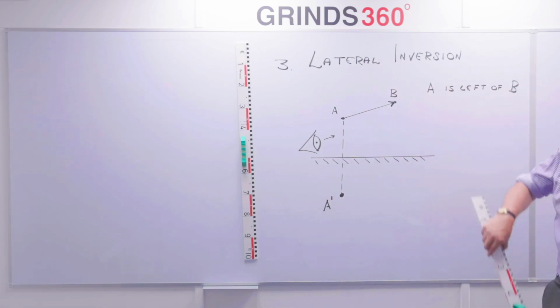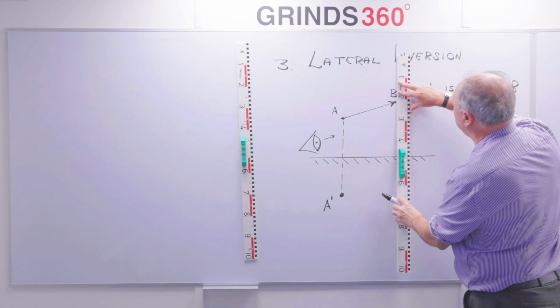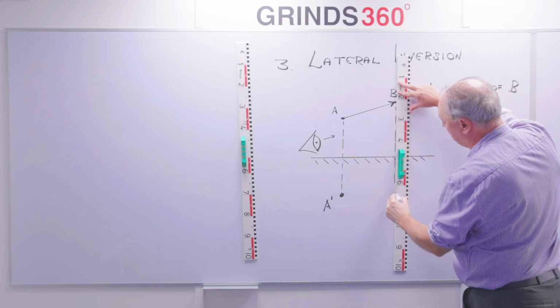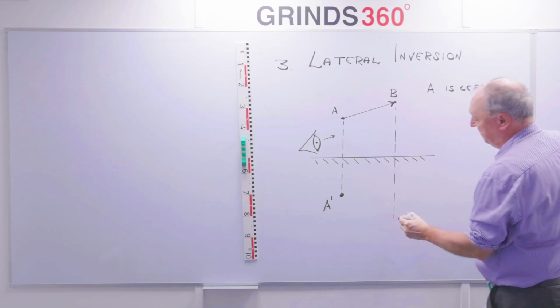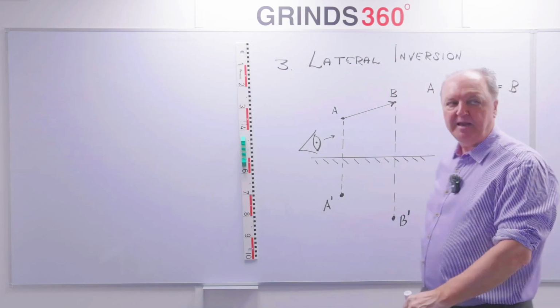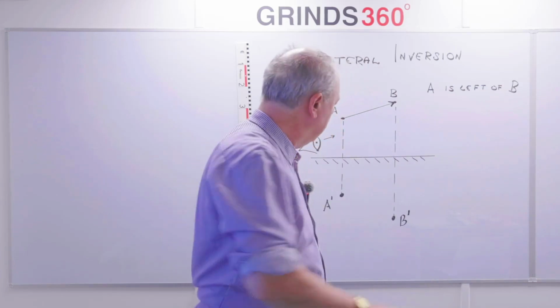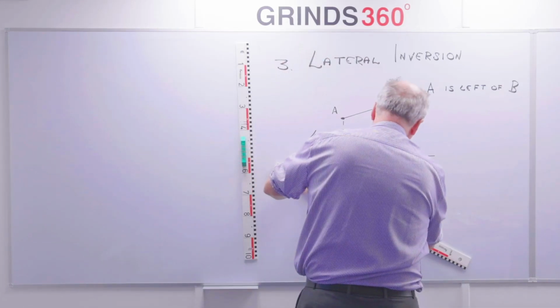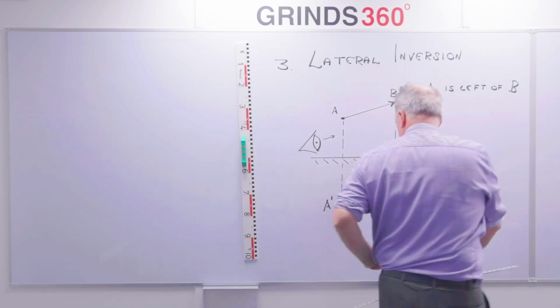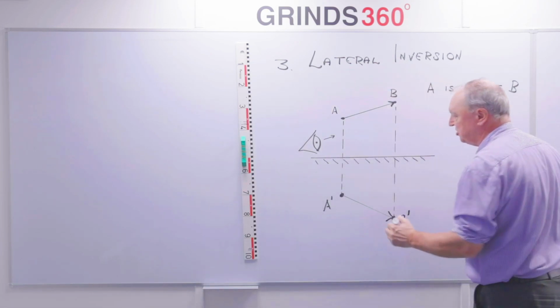And what about B? Well, B will be as far behind the mirror as it is in front of the mirror. So if I work back here, here's the image of B, which I'll call B dash. And now this is the image of the arrow in the mirror if I join A dash to B dash.